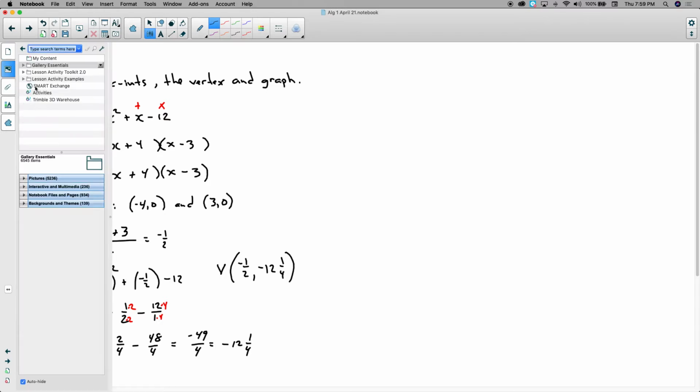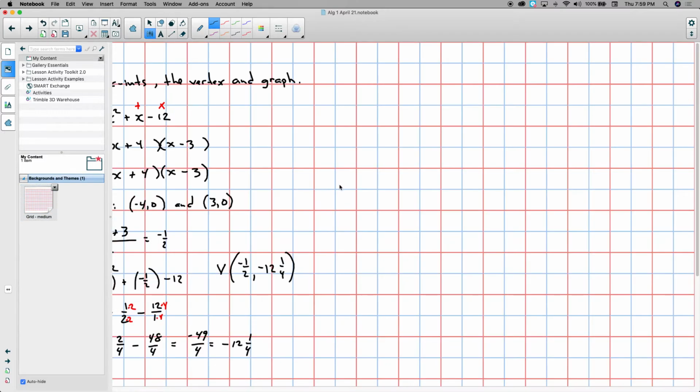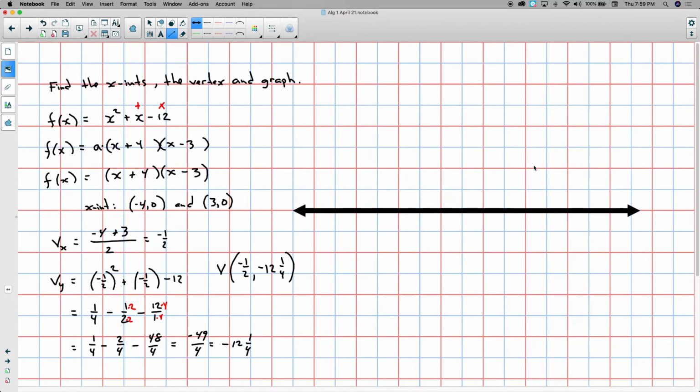And let's graph it. Okay, so building a nice graph. Knowing that I got to go down to negative 12, I think I'm going to count by 2's. That's going to make life a little bit easier. So before I forget, let's just make sure I put in 2's everywhere. Going to count by 2's. Okay, so let's see. I've got x-intercepts of (-4, 0) and (3, 0).